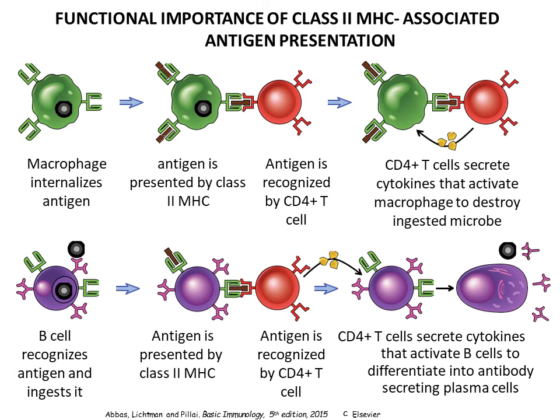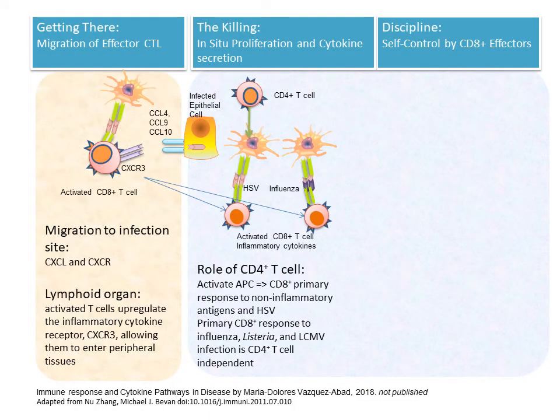But again, depending on the type of danger signal and depending on the type of activation and presentation to the T cell, we have CD4 dependent responses or CD4 independent responses, where the major killing cell is the activated CD8 T cell that was migrated and that was actually engaged originally in the lymphoid organ.